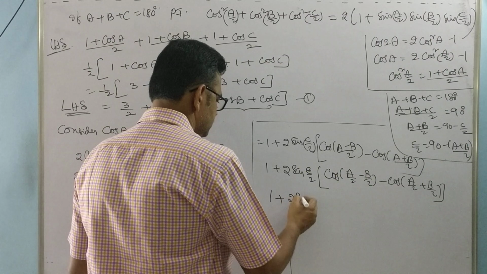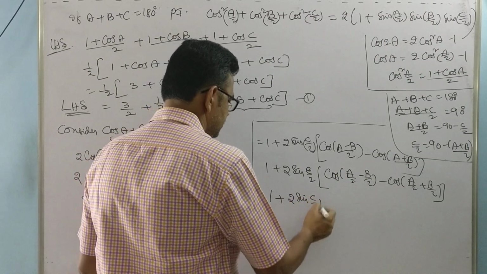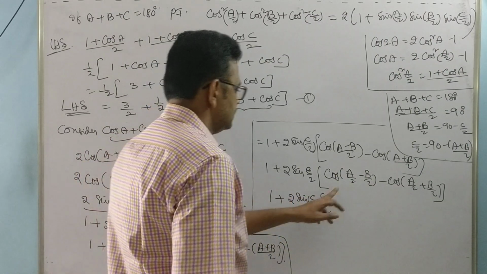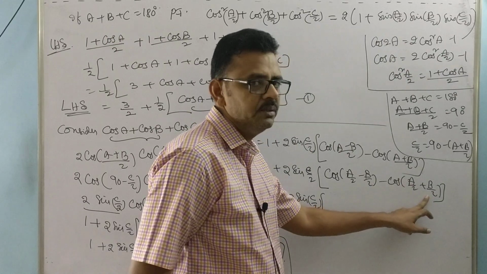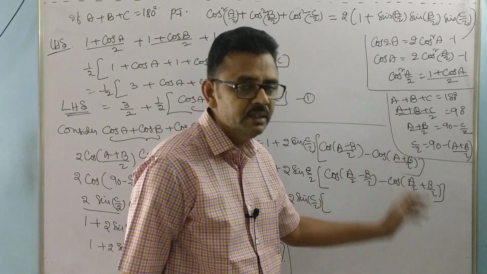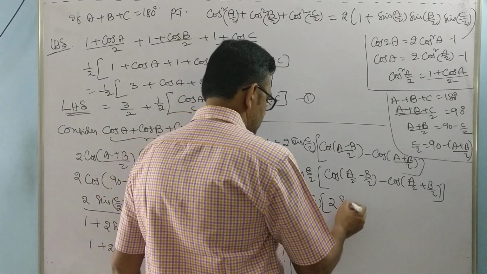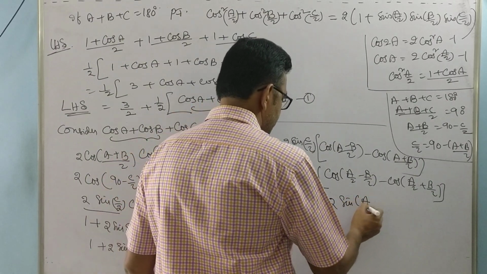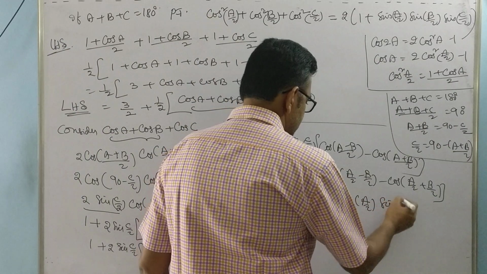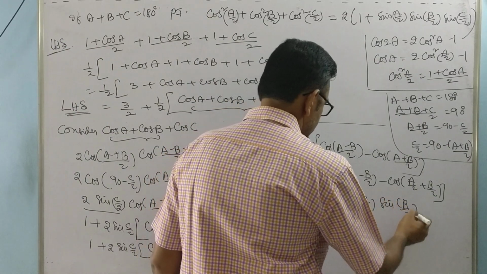1 plus 2 sin C by 2 into cos of (A minus B) minus cos of (A plus B) is what? 2 sin A sin B. So this is 2 sin A by 2 sin B by 2.